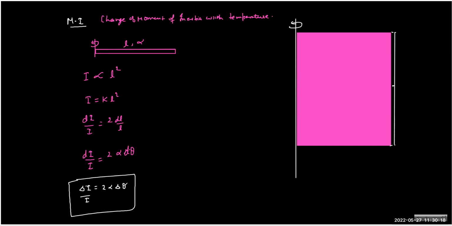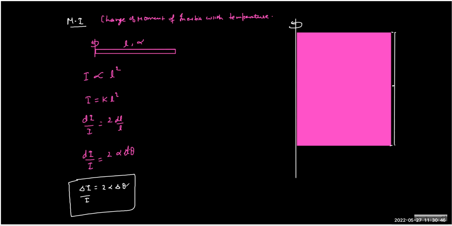I think you haven't realized that anything which has a dimension and which can expand will expand, and anything which depends on that dimension will get affected by the change of temperature. Simple. Understood? Yes, sir. Anything, you can think of any object.